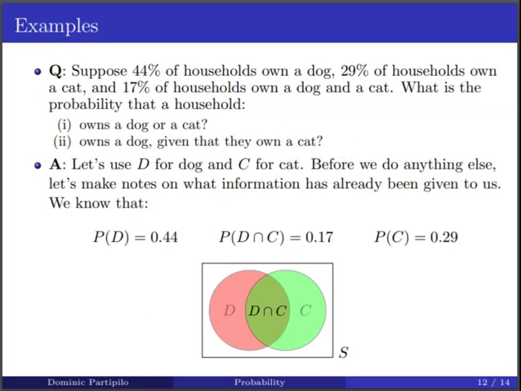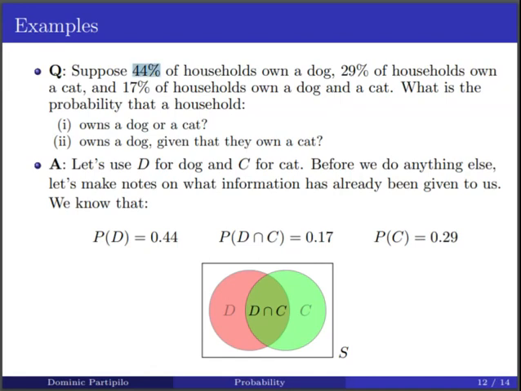Before we try to answer these questions, let's simplify things a little bit. Let's use the letter D for dog and the letter C for cat. Before we do anything else, it's probably helpful to take the information we've been given and put it into symbols, because that'll help us use the formulas a lot more effectively.